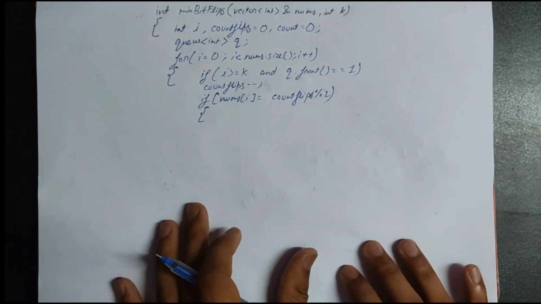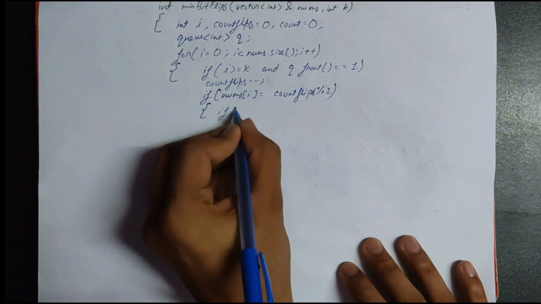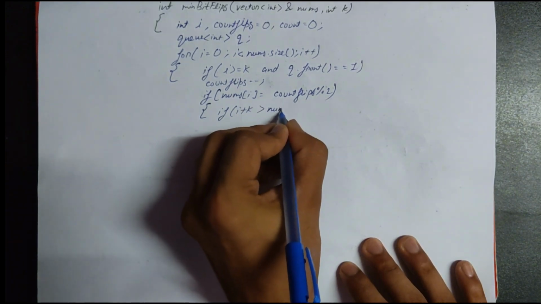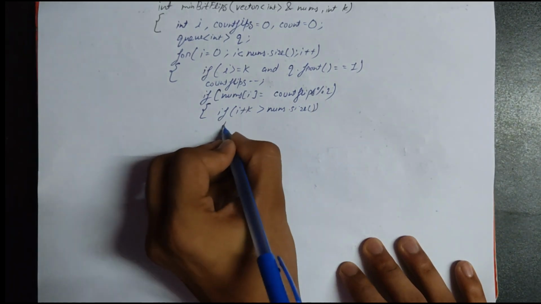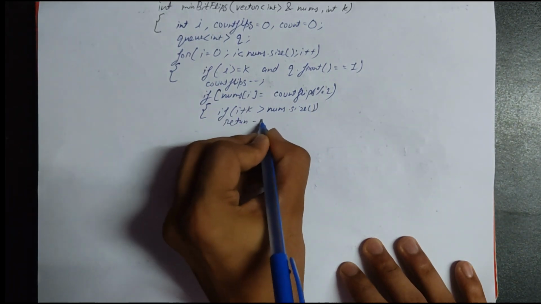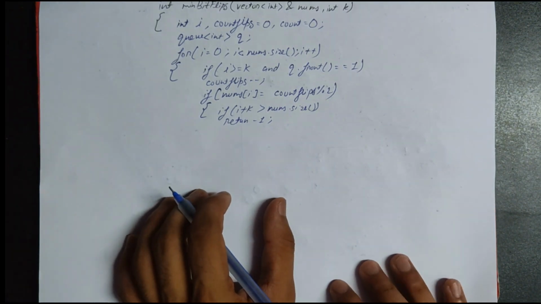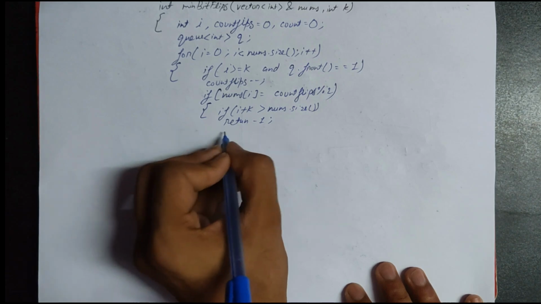So in this if statement, we will write the first statement as if I plus k is greater than the size of the given array, then we have to simply return -1, because we can't generate an array of all ones by following these procedures.